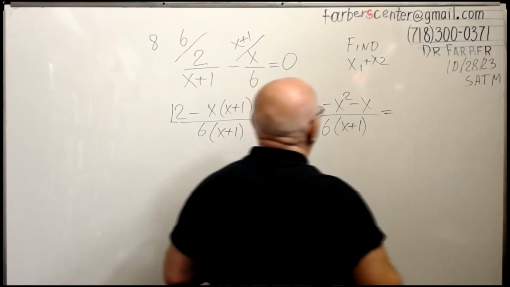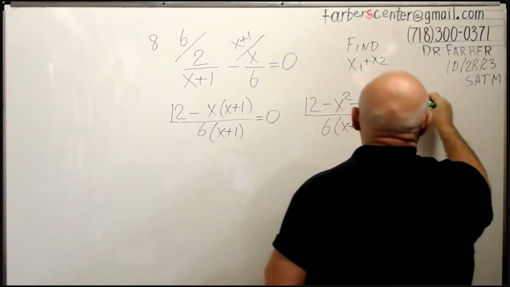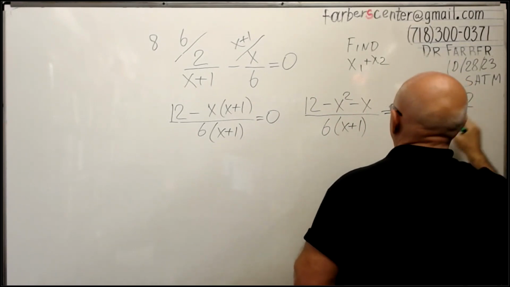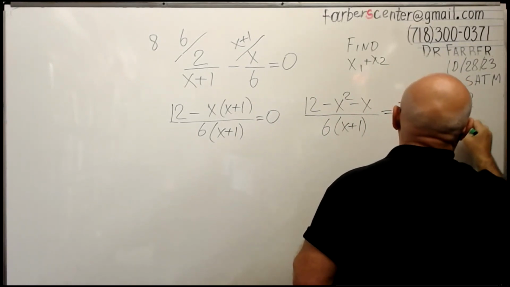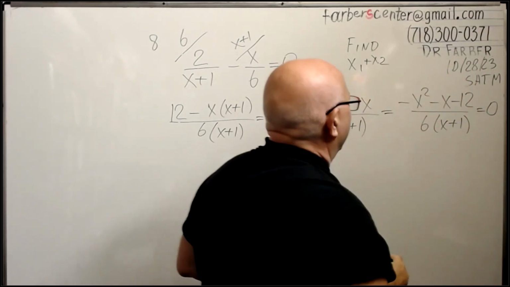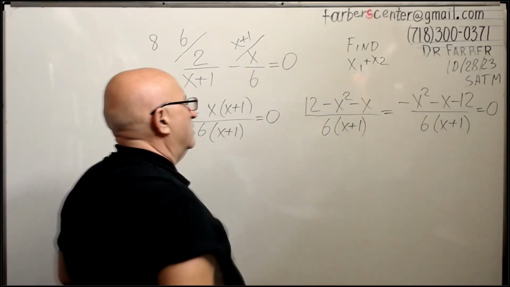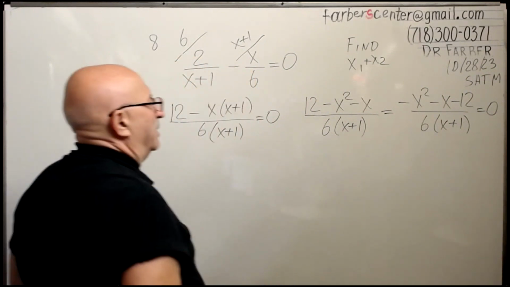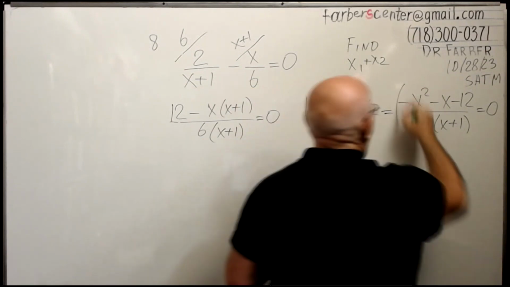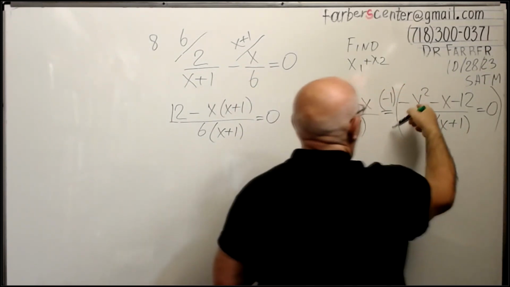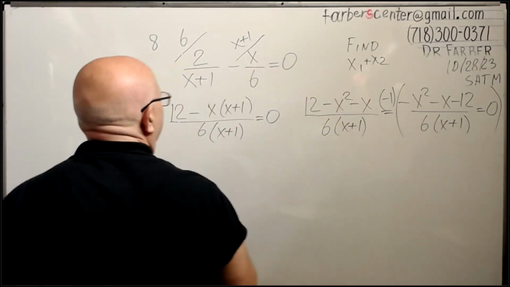Or negative x squared minus x plus 12 over 6 times x plus 1 equals 0. If this equals 0, it is only because the numerator equals 0. Immediately multiply both sides by negative 1. I want to get rid of this bunch of negatives.